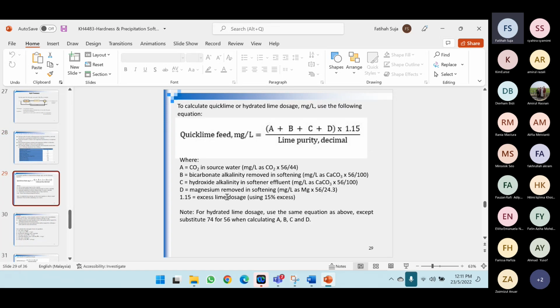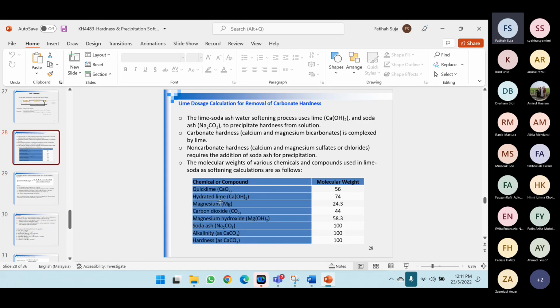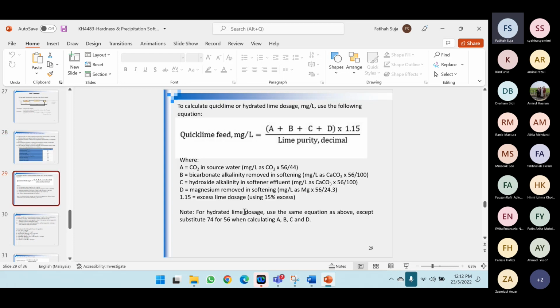And then C, hydroxide alkalinity in softener effluent. If you use hydroxide alkalinity, the molecular weight is also 100. Okay, and then you need also to remove magnesium, because usually you cannot have magnesium in certain concentration.